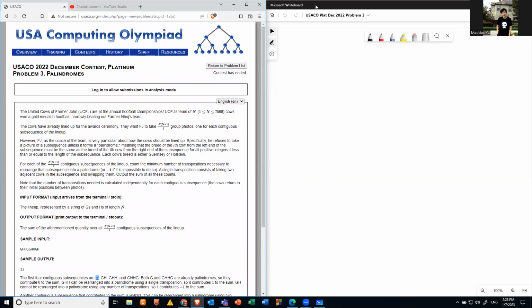So how do we solve this problem? First of all, N is 7,500, right? That immediately tells us the worst case is N squared log N complexity. That's what we need, right?